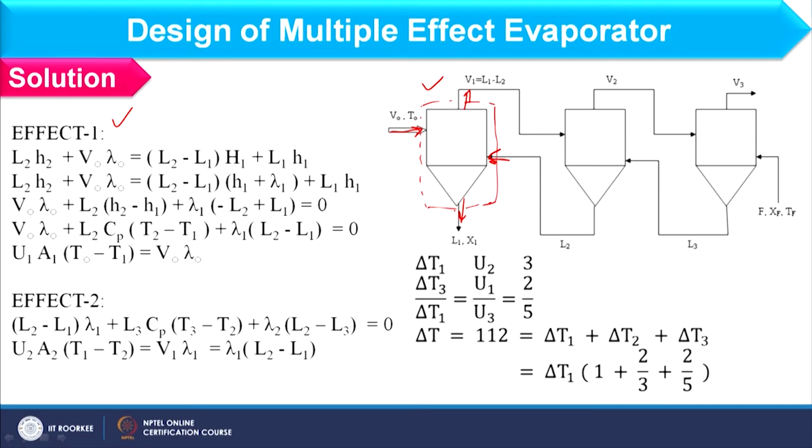Whatever streams are entering into it and exiting from it, that we have to focus on. As I have two streams entering and two streams exiting, let us see the material and energy balance.